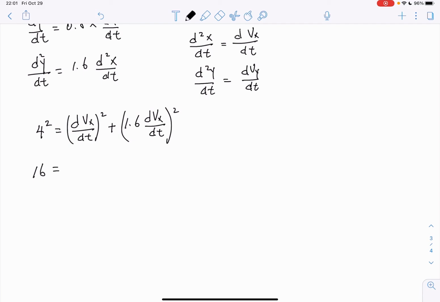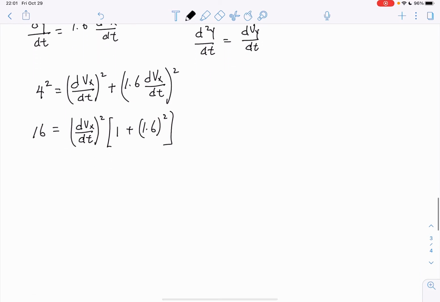So we have dvx over dt squared equal to 16 over 1 plus 1.6 squared.